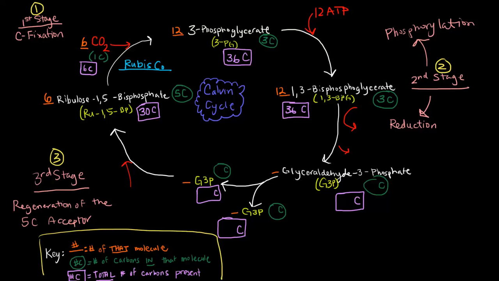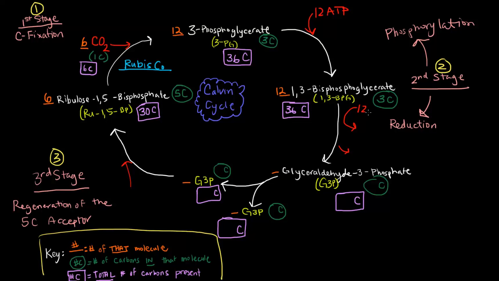So once we have this 1,3-bisphosphoglycerate, we want to turn it into glyceraldehyde 3-phosphate. You might recall that this step and this step, in this order, are from gluconeogenesis. So now, going from here to here, first of all, it's going to be the reduction, the second part of the stage. So we would need a reducing agent. In gluconeogenesis, it was NADH, but in this case, we're actually going to use NADPH.